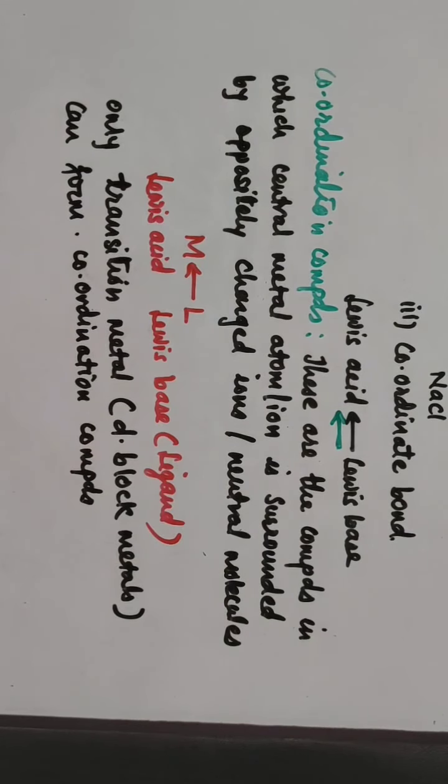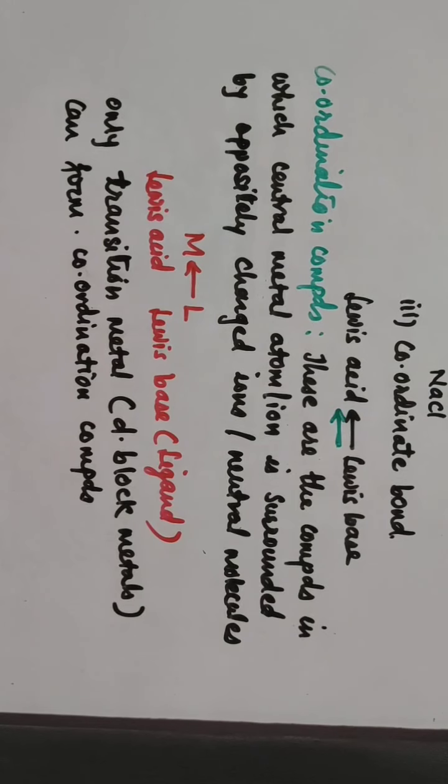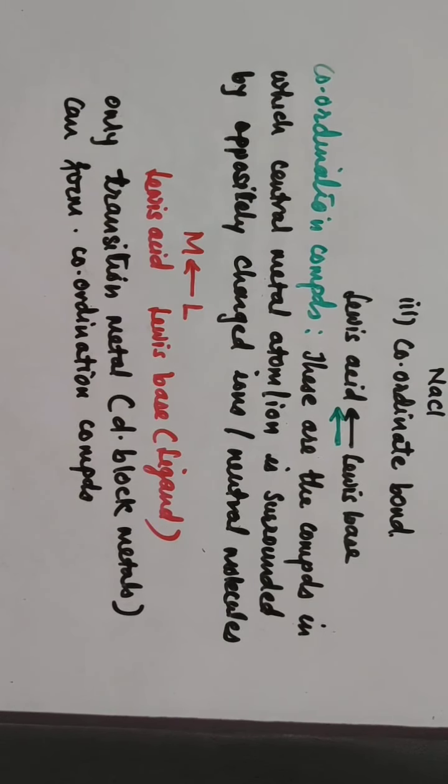Electron donor is Lewis base, electron acceptor is Lewis acid, or it is a bond between electrophile and nucleophile. But in case of coordination compound, the electron donor is called a ligand. It may be a negatively charged anion or a neutral molecule, in which there is an atom which can donate the electron pair required for the bond formation with the central metal atom.